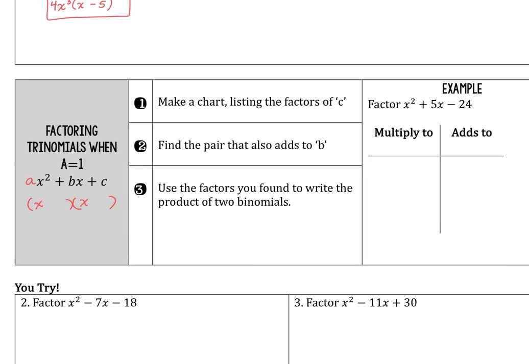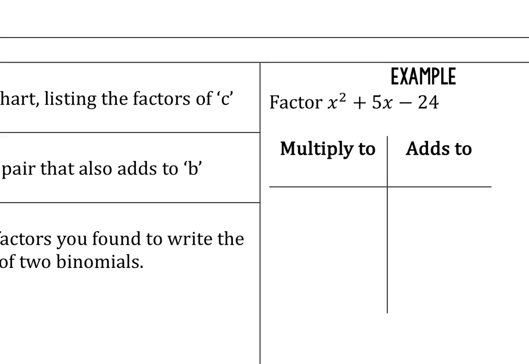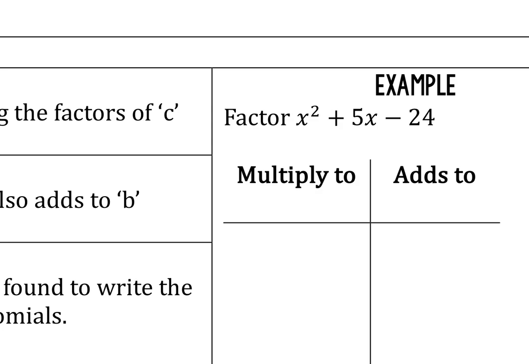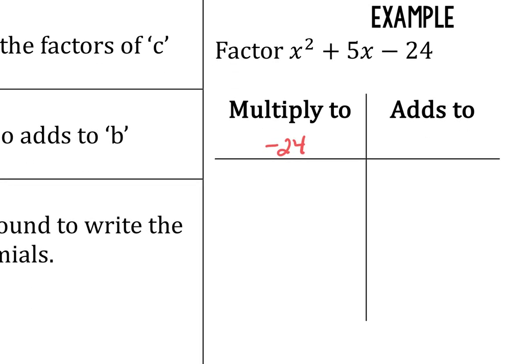The first thing you want to do is make a chart listing all the factors of c. So in the example that we're given, x squared plus 5x minus 24, our c value is negative 24. So this is why we did that little activity on Friday.